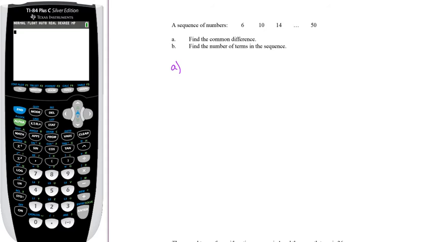Because the command term says find, I should be showing some work here. The difference between consecutive terms will always give you the common difference. So I can take u2 and subtract u1. That gives me 4. So d equals 4. That's my common difference.